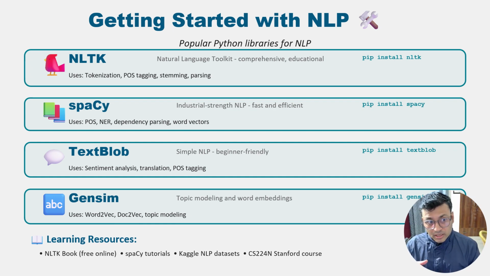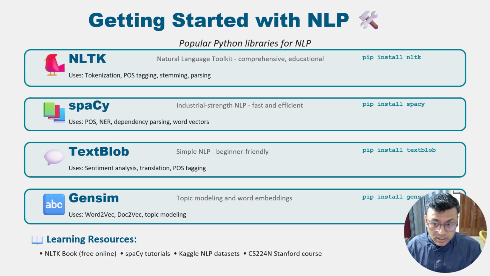NLTK is the very first one, which is very interesting, and if you know Python, I think you will love it. In the next session we'll explore NLTK and give you hands-on understanding of how tokenization, POS tagging, lemmatization, stemming, and all this basically works. Learning resources are freely available.